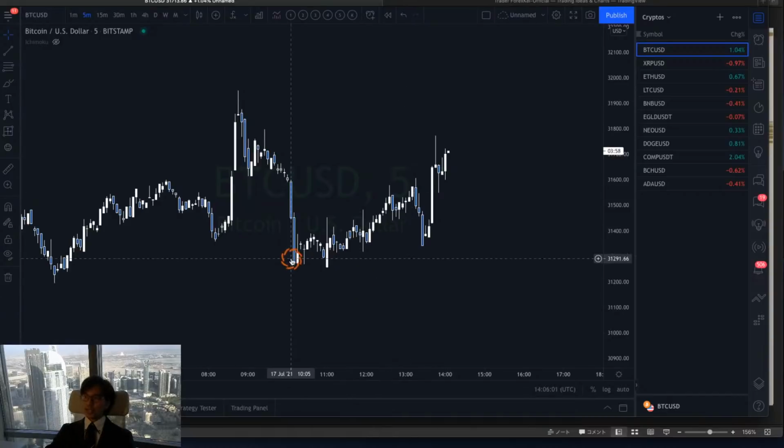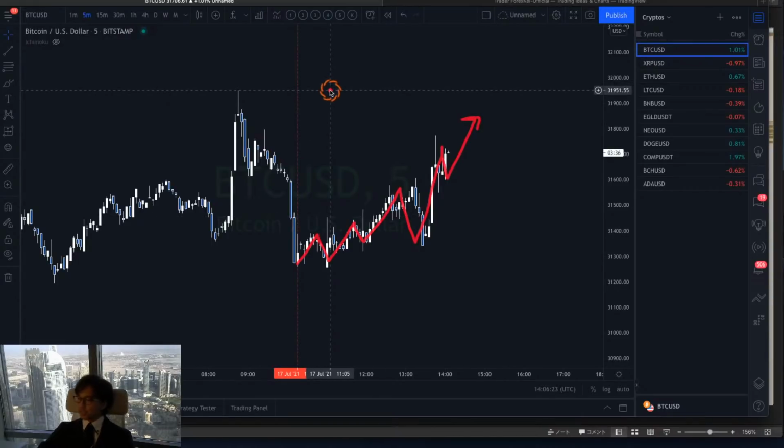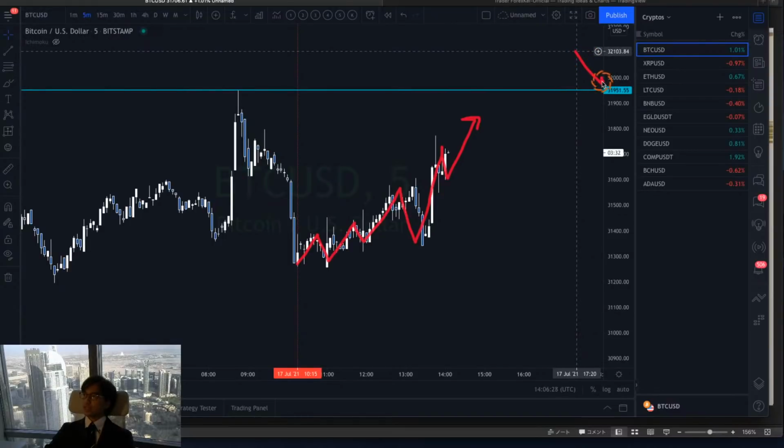Right now I see that this is uptrending by price action simply because this is making higher lows and higher highs. Precisely from this candlestick over here, it's been uptrending, bullish, and looks like the market is going up this way in the short term, all the way up to the previous high at 31,951.55 level.